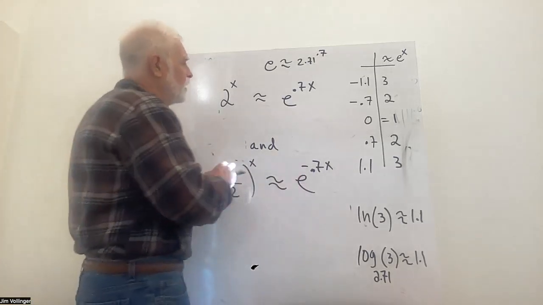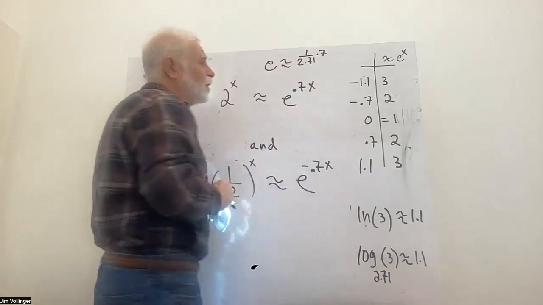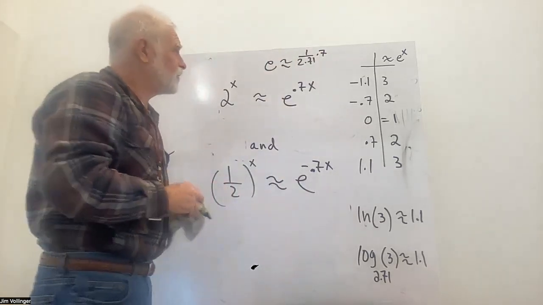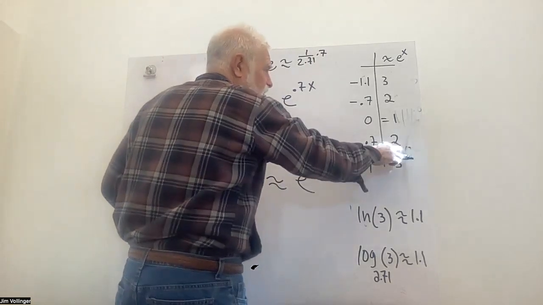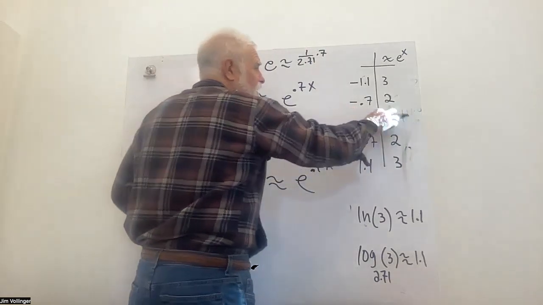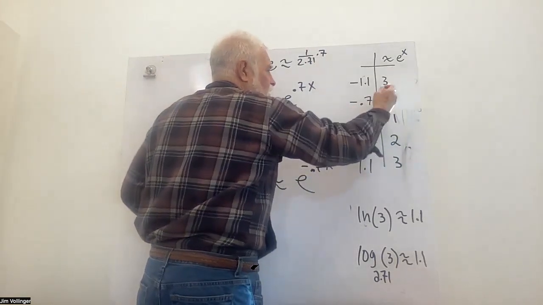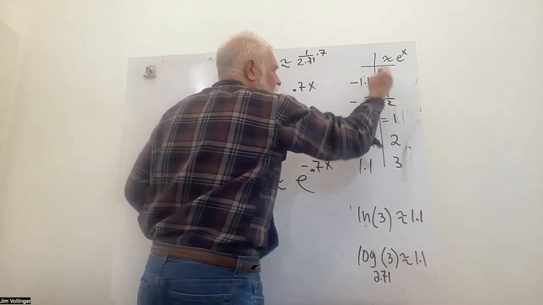And so instead of 2.71 to something, I have 1 over 2.71. And if 2.71 to the 0.7 gets me 2, then 2.71 to the negative 0.7 is going to get me, oh, God, did I butcher that? That's a 1/2. Right, I got ahead of myself here. That's a 1/3. So I apologize for that.